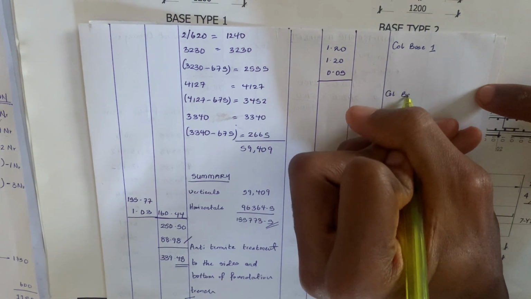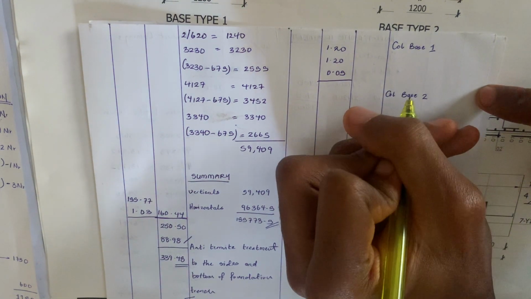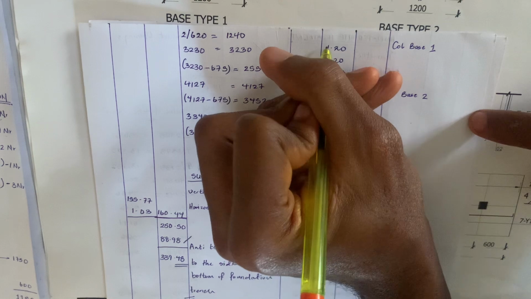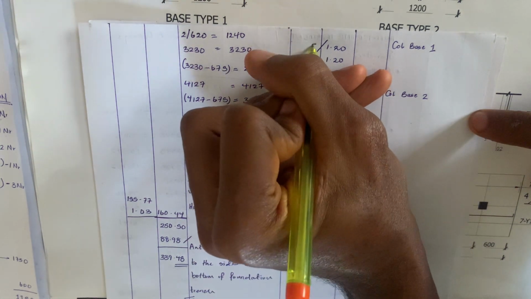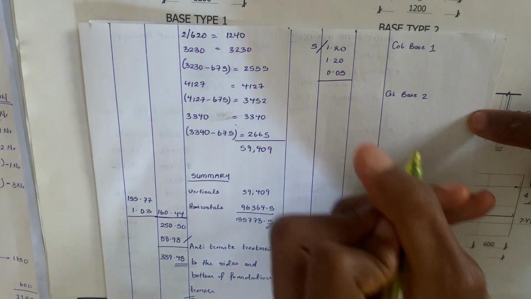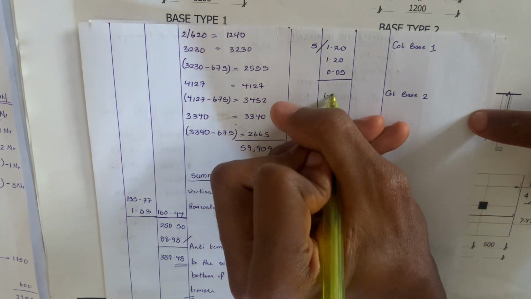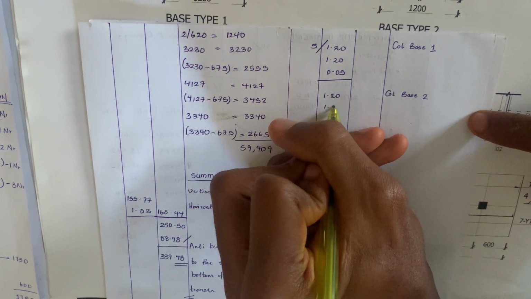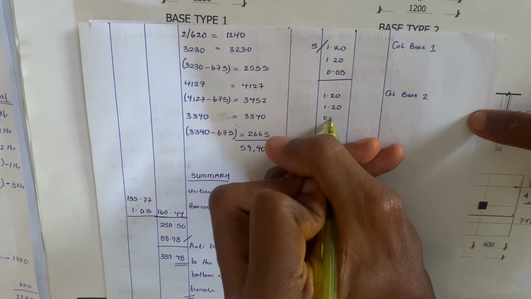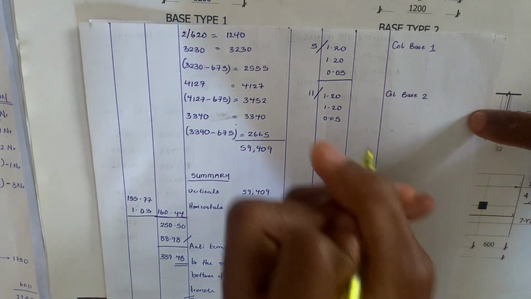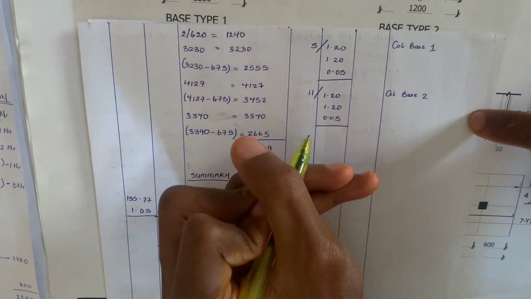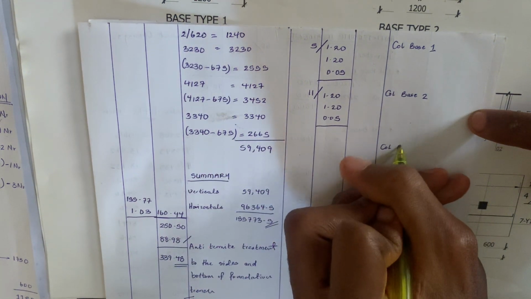Column base 2 will be 1.20 by 1.20 by 0.05 multiplied by their number, which is 11. So we'll close.